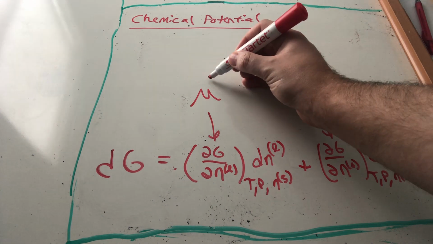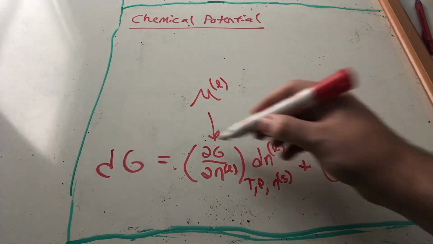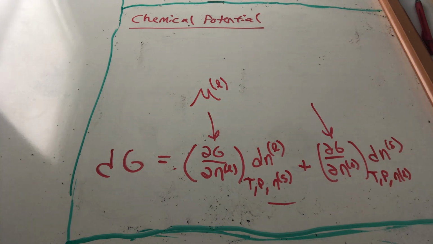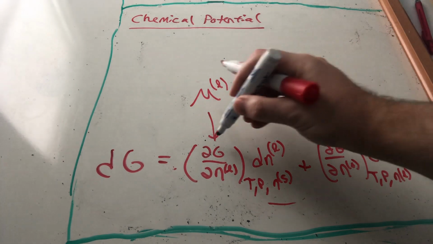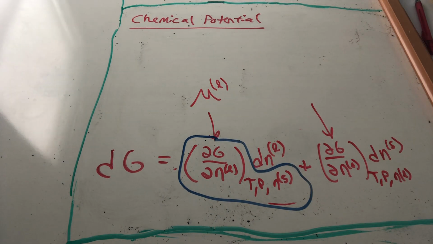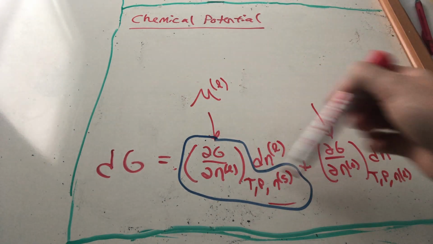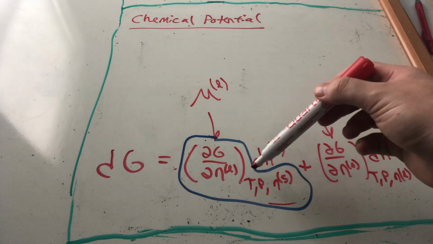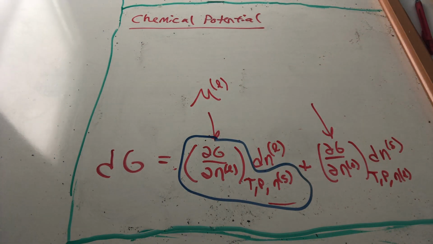This right here, we're going to call mu for the liquid. So that partial derivative right there, that's mu for the liquid. Let me just circle it. By definition, this is the partial derivative identity for chemical potential. It's dG, dN at a constant T, P, and all other N's.